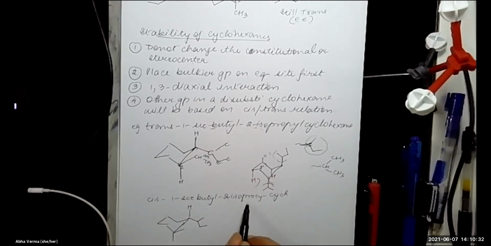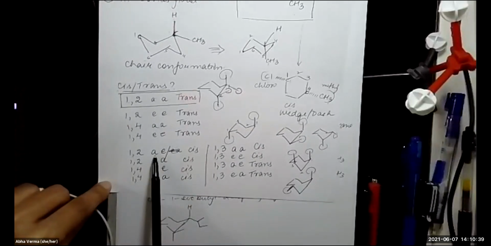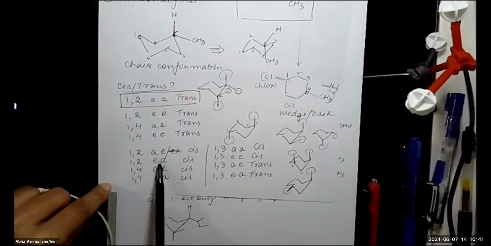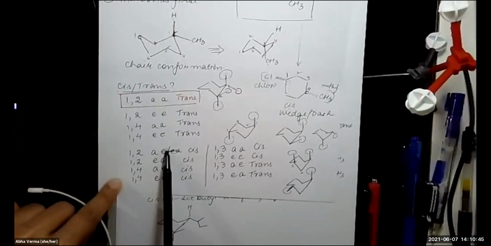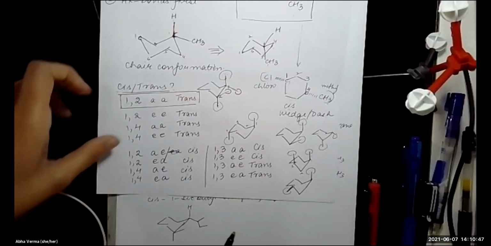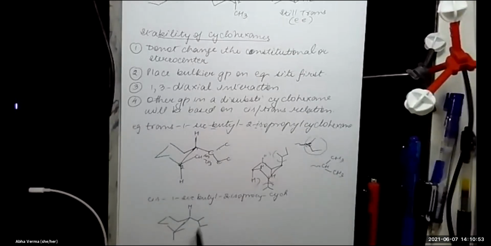Where will I now place my isopropyl when I want cis? Because I want cis on 1, 2, I have to make sure that the other group is on the axial site. Why? Because I have already placed one of my groups on the equatorial site. Now for my cis, my isopropyl has to be on the axial location.